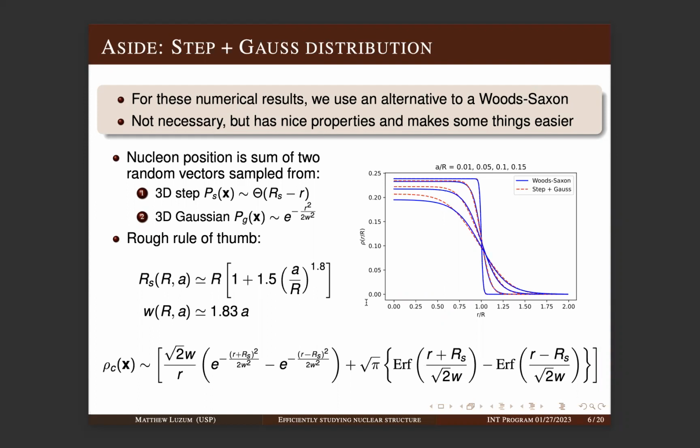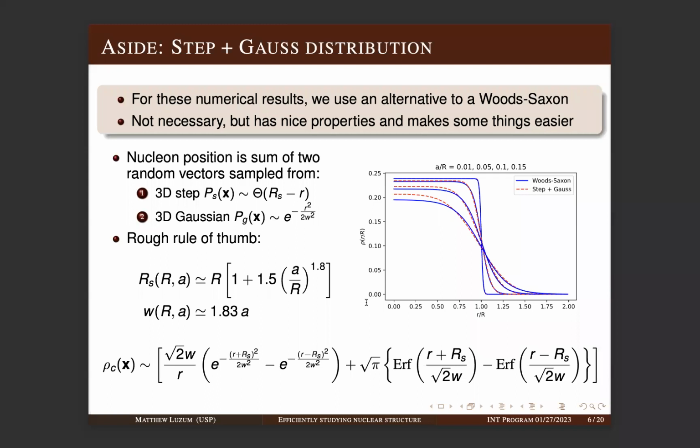If the skin thickness gets larger and larger, then this step plus Gaussian is less able to get the same thing that a Wood-Saxon gets. But for the parameters that we care about, I think it's good enough.